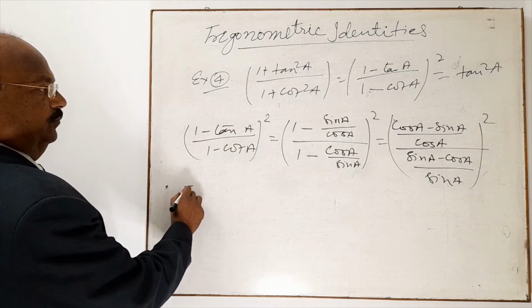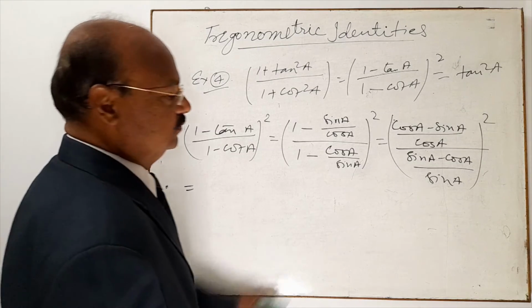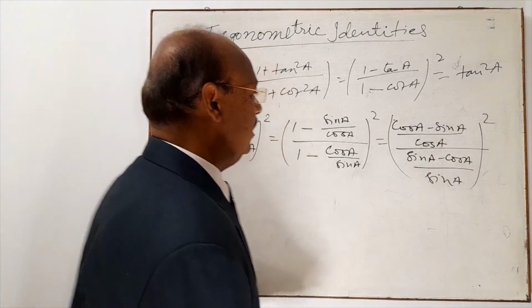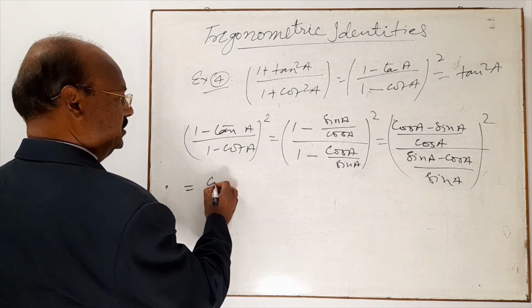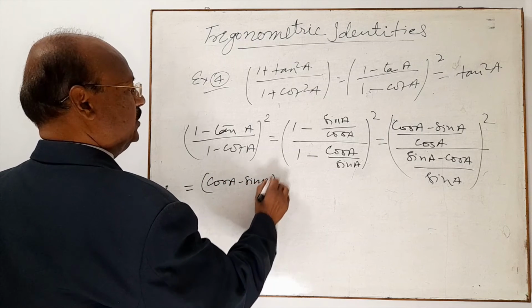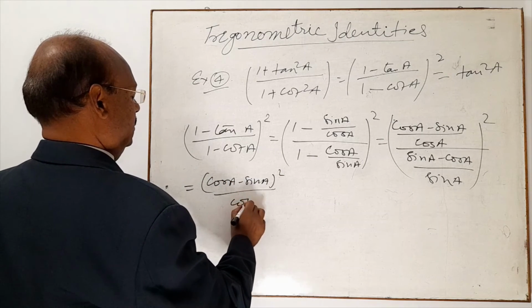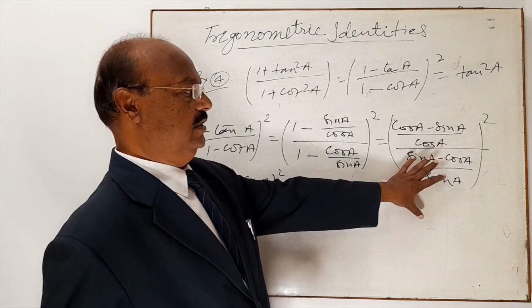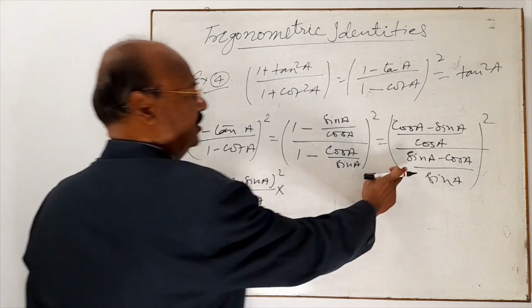And this is equal to, now we can write this square like this also. This is (cos A − sin A)² upon cos²A. And this denominator can be written with the square also here.